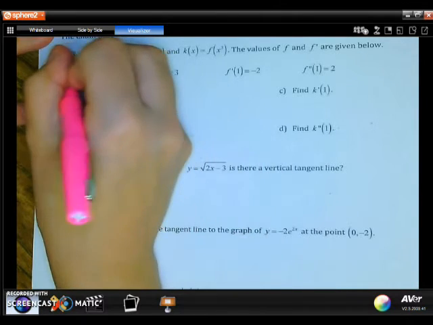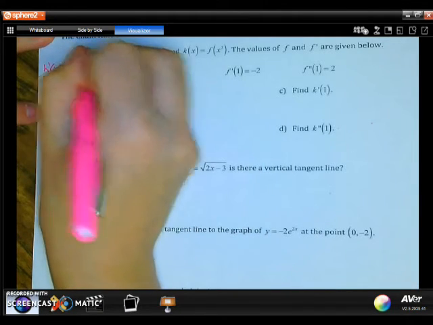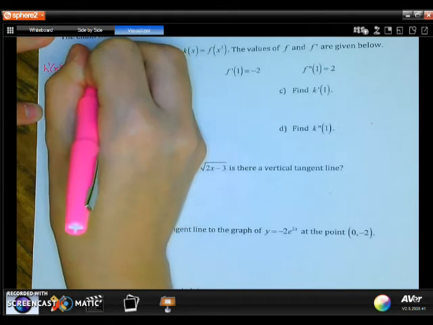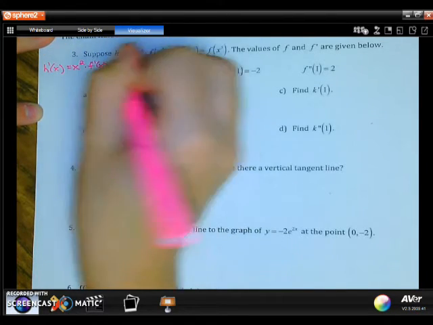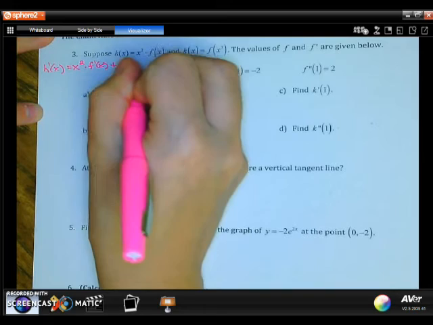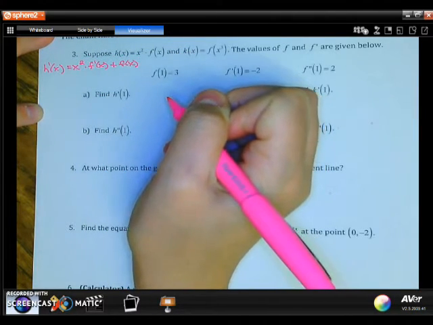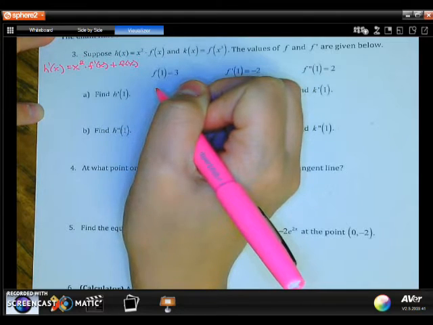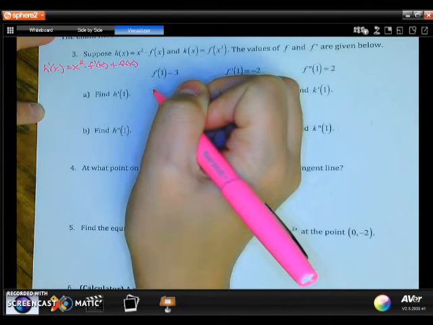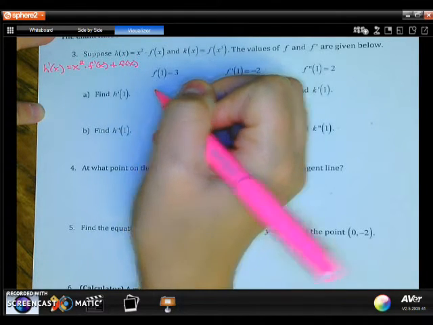So I'm just going to write that. Well, the derivative of the first is going to be the 2x there.